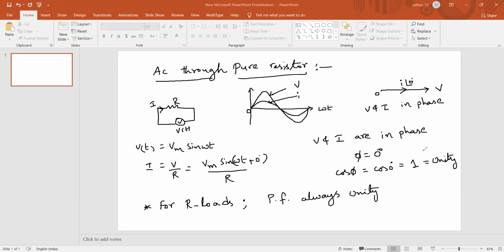If we move on to the pure inductor, then you will have some more clarity.